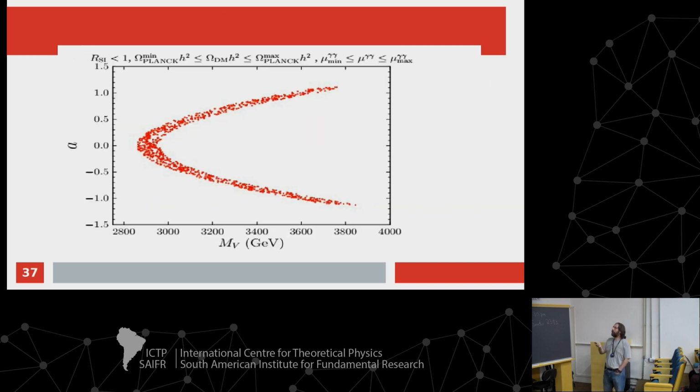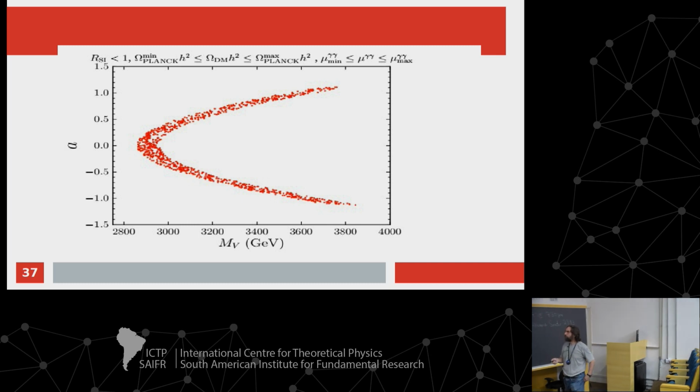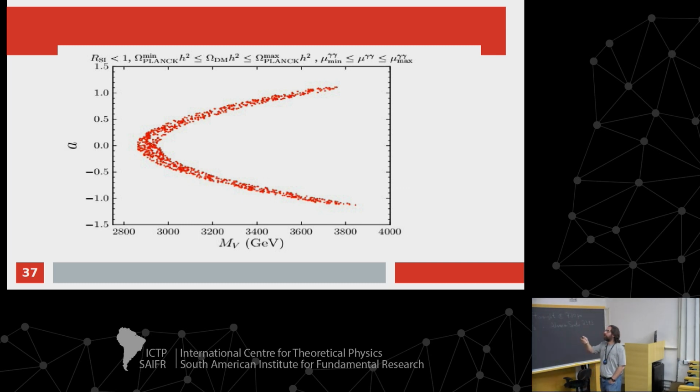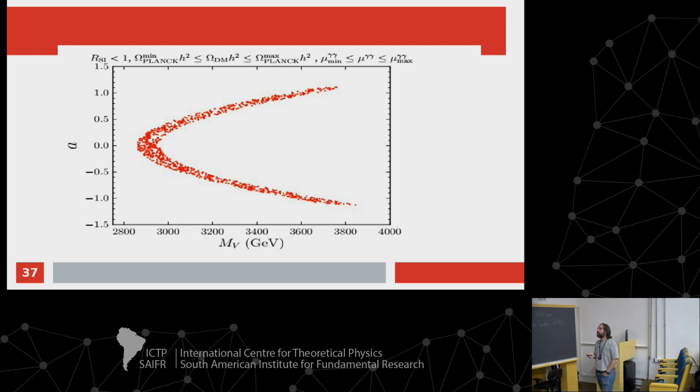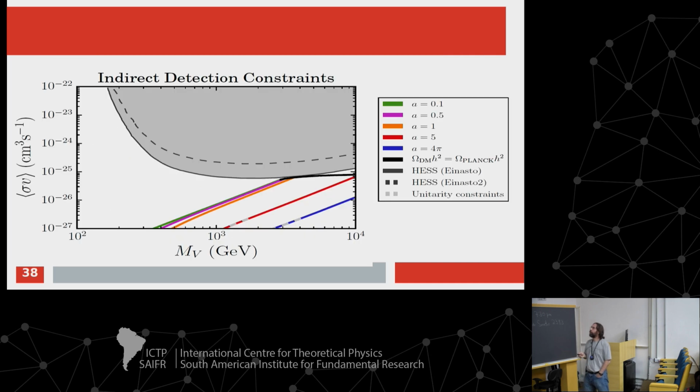And after all the experimental constraints are imposed, and imposing the saturation of the relic density, this is the parameter space which survives. So the model is viable.